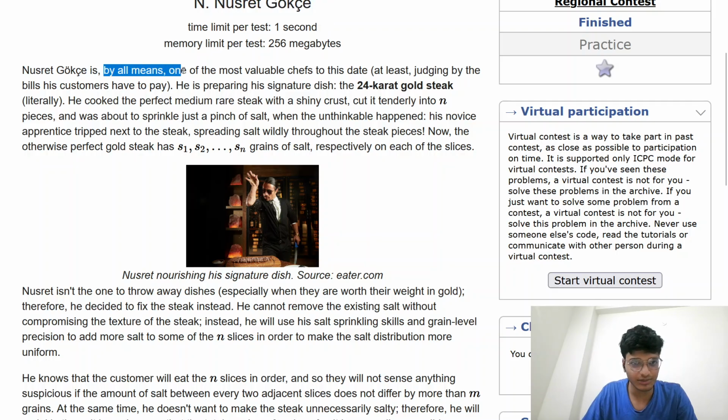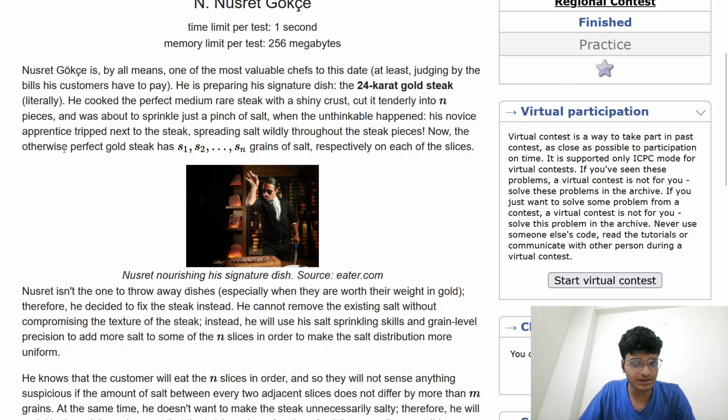A is by all means one of the most valuable chefs. He has some n pieces of something, and he is about to pinch salt.